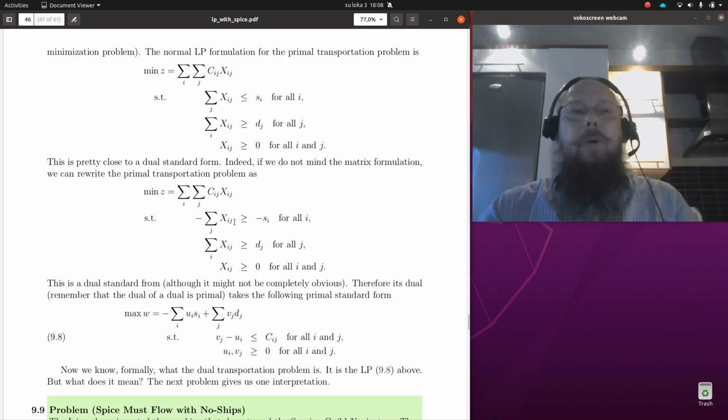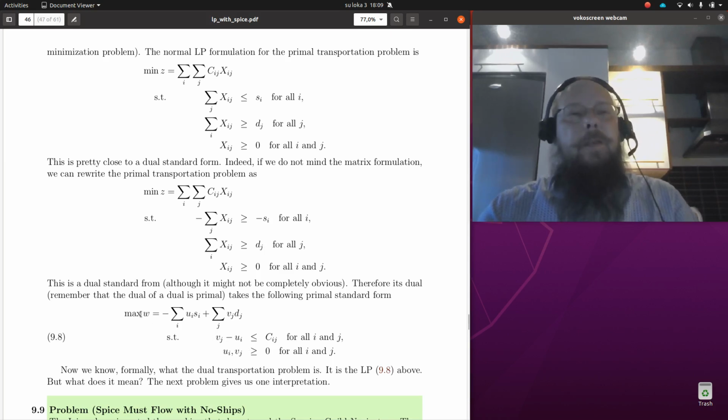We go the other way around, so minimization goes to maximization, these go to the objective function, lower bounds become upper bounds, and these c_ij's come from here. The minuses go to the constraints, and if you think about it, just believe me, this is what happens.